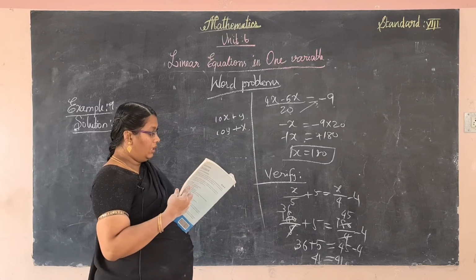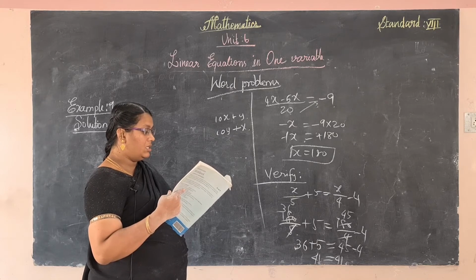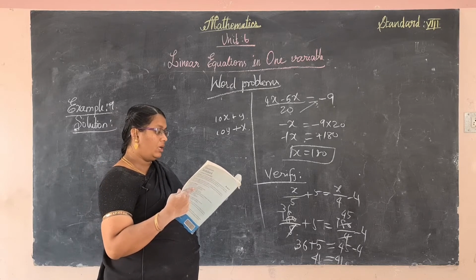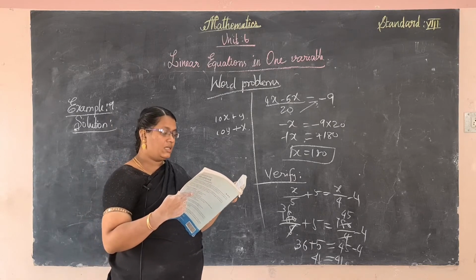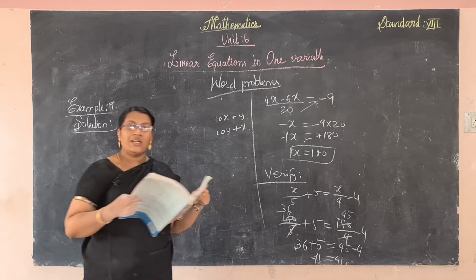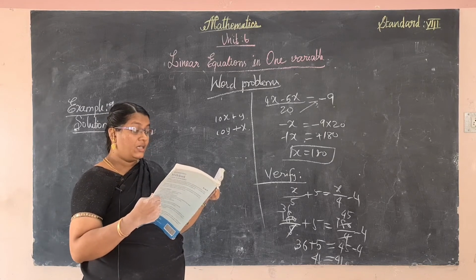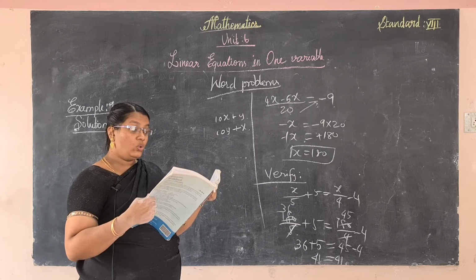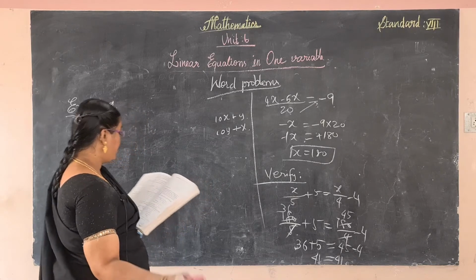Here the sum of the digits of a 2-digit number is 12. So we have considered the ones place is x and the digit of the tens place as the other variable. We have here given that the sum of the digits of the 2-digit number is totally 12.